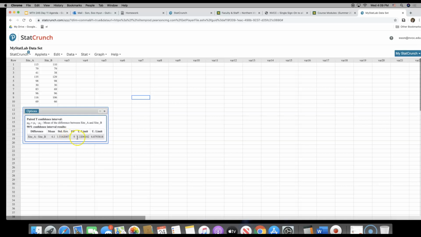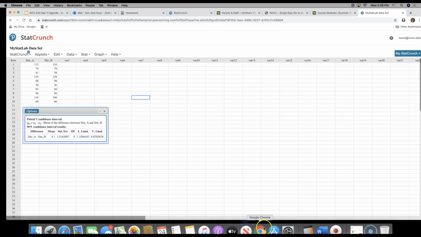Is 0 included between 1.3 and 6.8? No, it's not, right? This interval is completely positive. It's above 0. The fact that it doesn't include 0 is telling us that they're not the same. They are different, because if they were not that different, we would have seen 0 included in that interval.